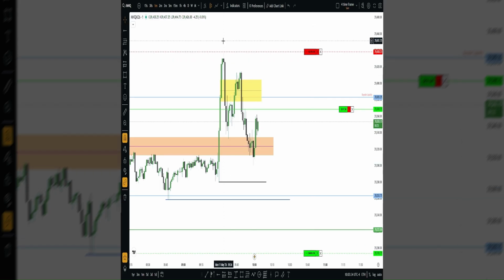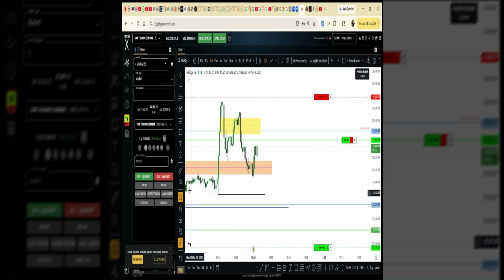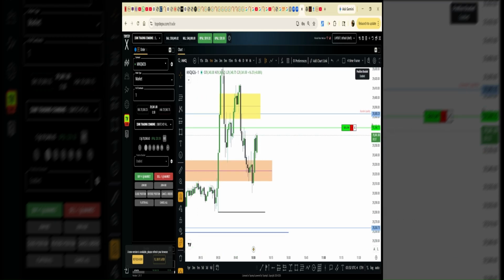See, I don't like how we have relative equal highs here. I think I might want to decrease my risk. Yeah, I think this trade might not go well.